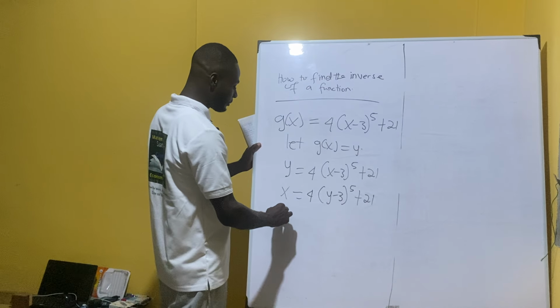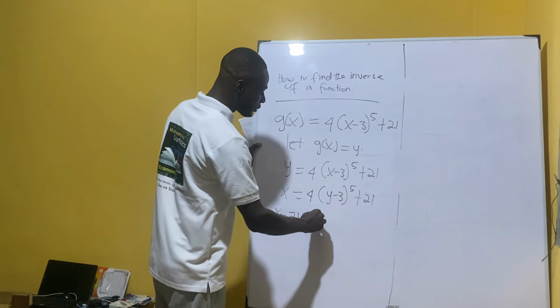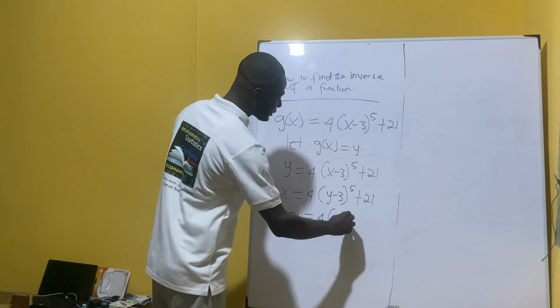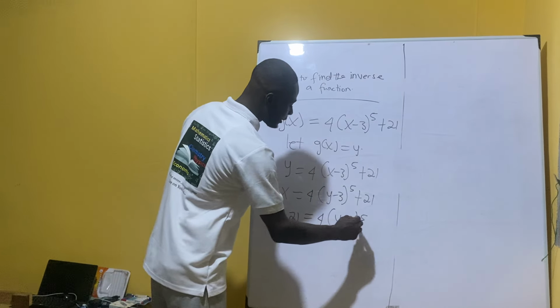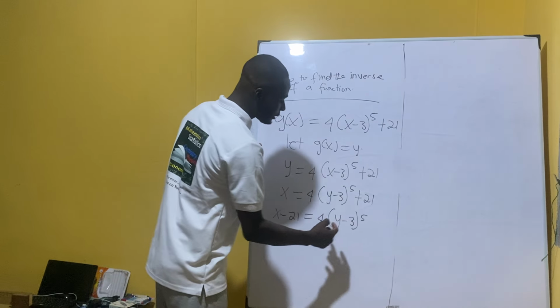So we have x minus 21 should be equal to 4 into y minus 3 power 5, right? We need y, so let's divide both sides by 4.